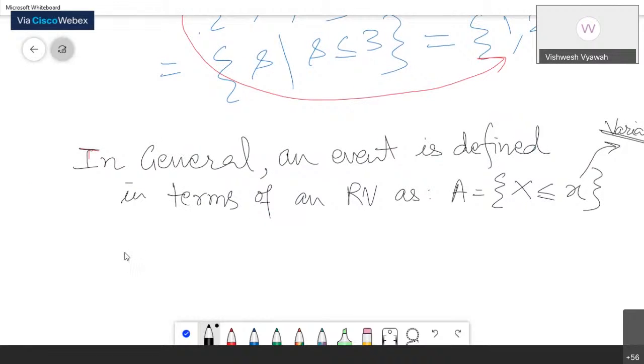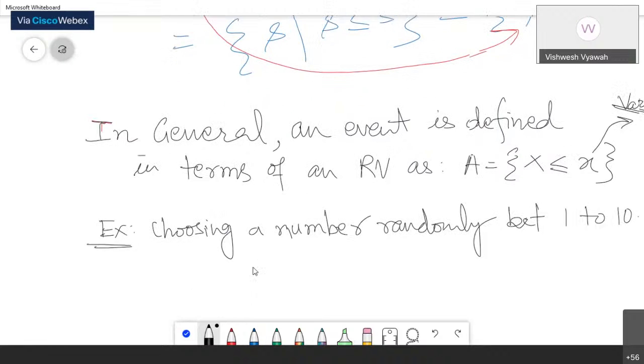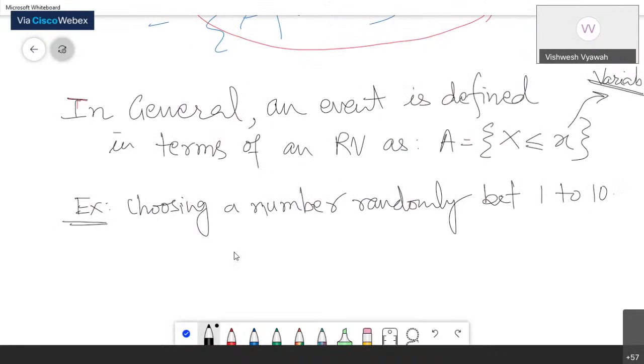Now let's take one more example. This time we are having a hypothetical experiment, choosing a number randomly between 1 to 10.